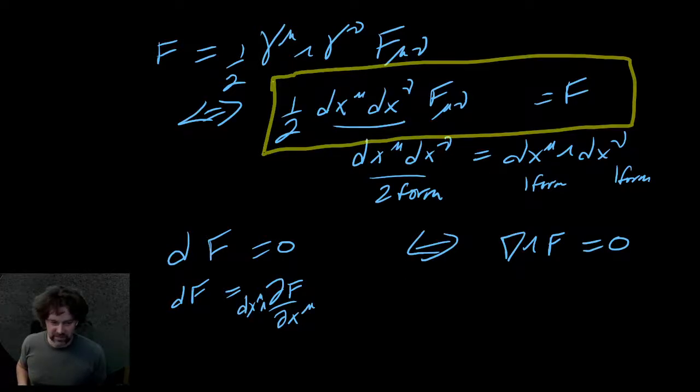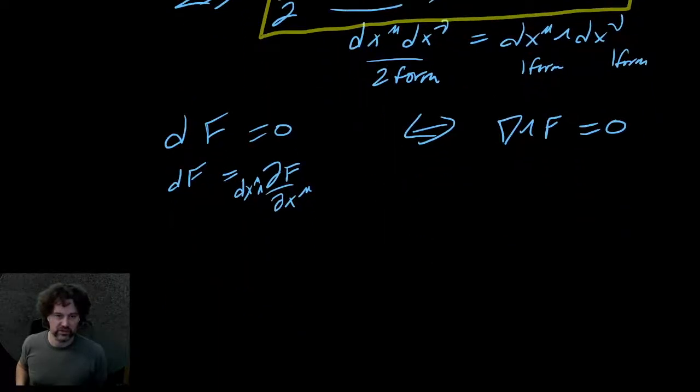So the antisymmetry of the d operator is the direct representation of the curl that we have in an equation like grad wedge F = 0. So there's one of our equations in differential forms.